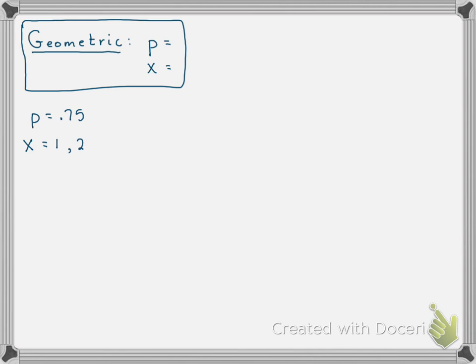So for the geometric probability distribution, you are going to hit second, 0, and then your tan key.